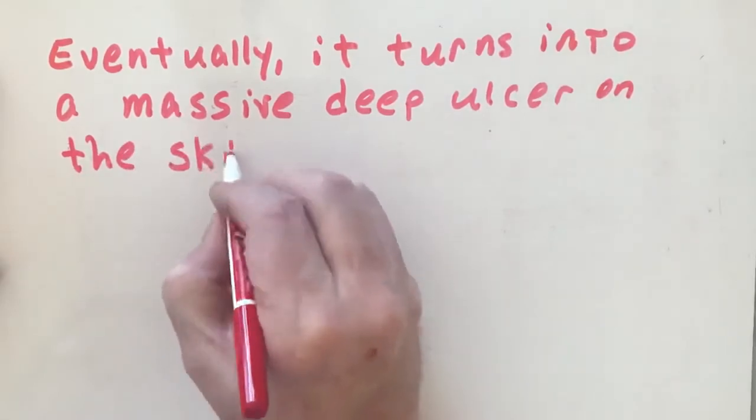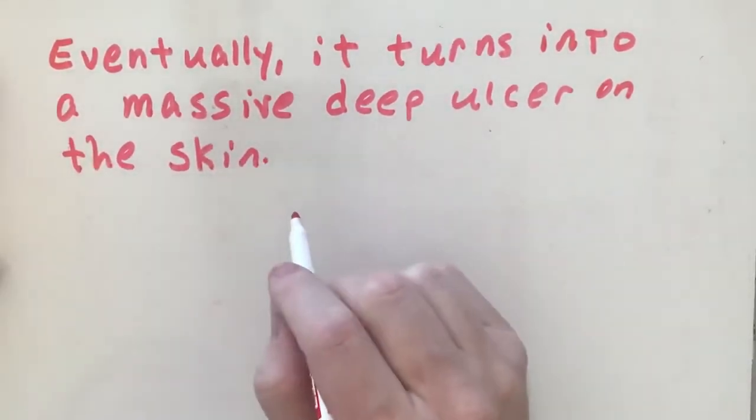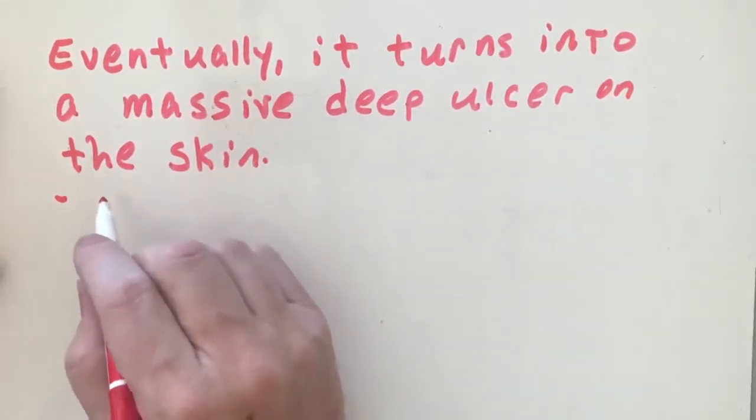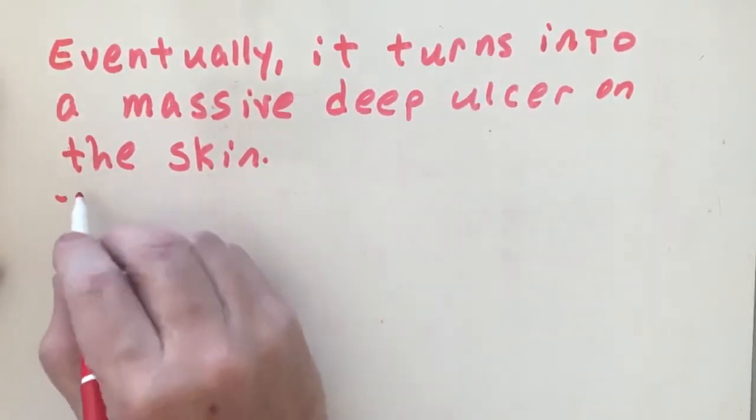Okay, so we're going to get a massive, deep ulcer on the skin. And it may also cause so much tissue damage that the limbs may need to be removed.